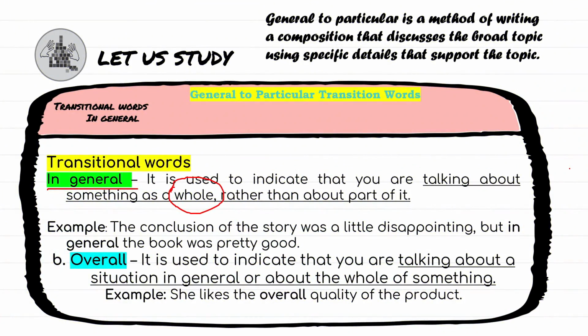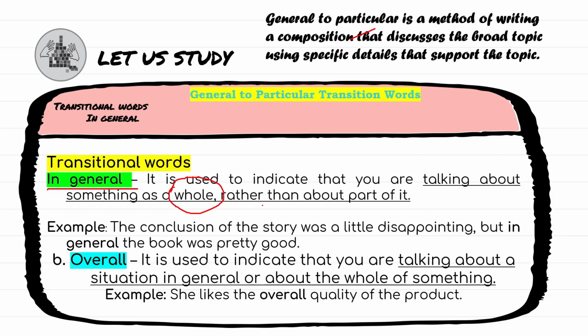The next word is overall. It is used to indicate that you are talking about a situation in general or about the whole of something. This is similar to in general, but we are going to use the word overall. Example: she likes the overall quality of the product. In this sentence, overall is used for the inclusion of the idea, okay?